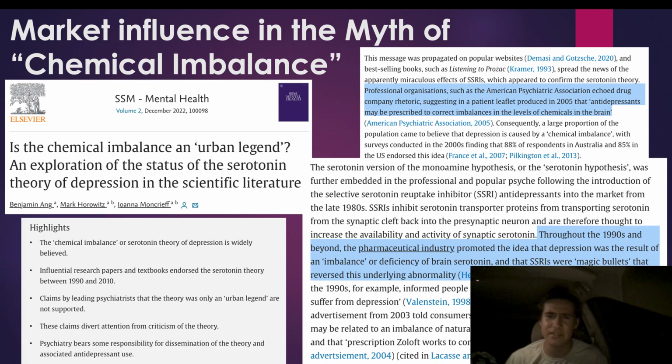Throughout the 1990s and beyond, the pharmaceutical industry promoted the idea that depression was the result of an imbalance or deficiency of brain serotonin, and that SSRIs were magic bullets that reversed the underlying abnormality. This is like a historical review.